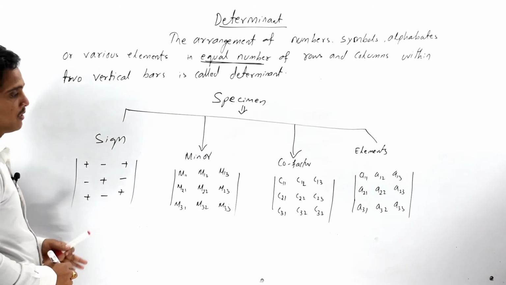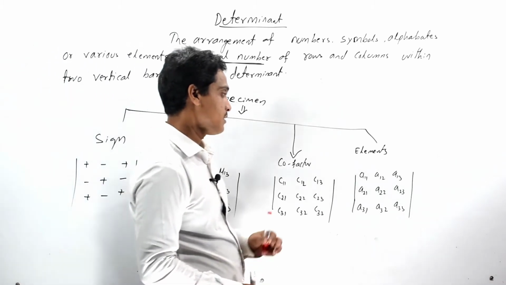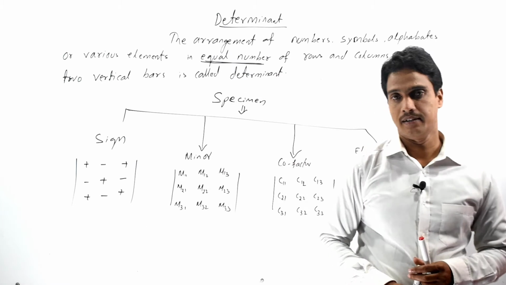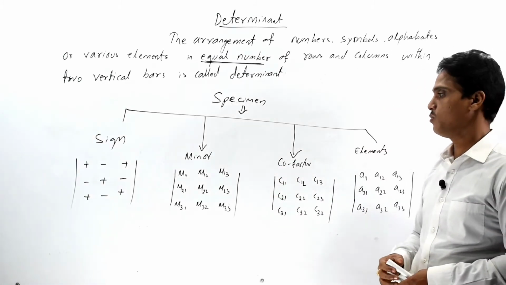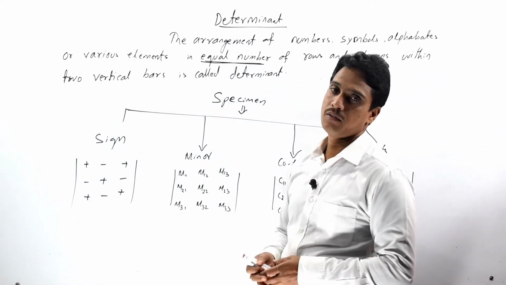So these are some important specimens that should be remembered in order to find the value of the determinants.